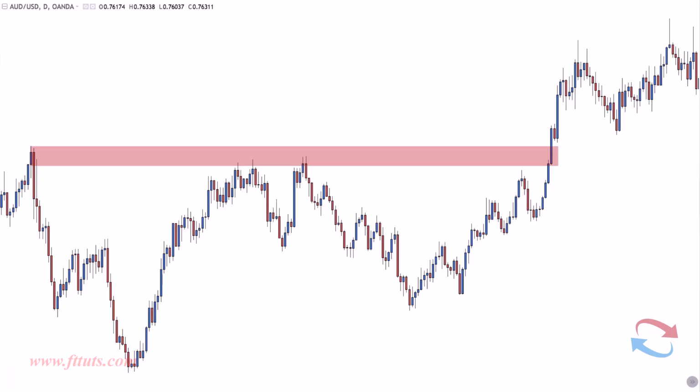In this example on the Australian dollar, US dollar currency pair, this is the original source of the supply. We've touched once, twice, 3 times, 4 times, and then we eventually get a breakthrough. So try to look at levels of supply or demand that have been touched several times.